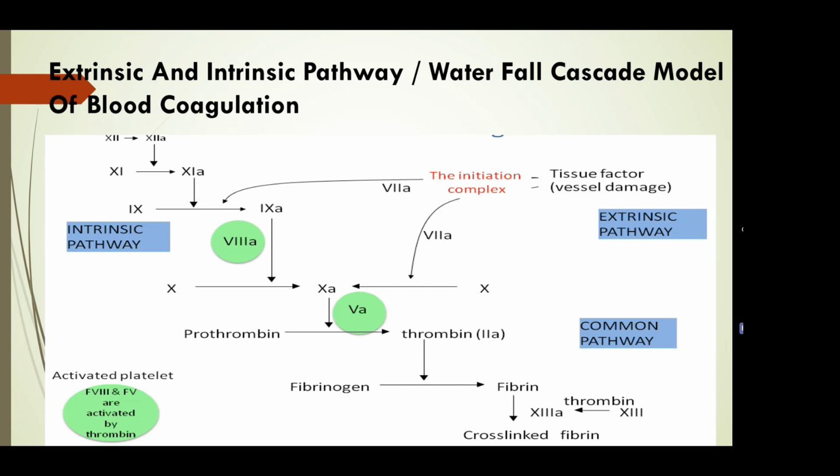In the past, two coagulation pathways were described, both of which activated factor 10 at the start of the common pathway, leading to thrombin generation, both of them merging at the common pathway.